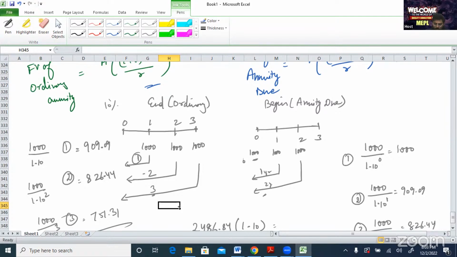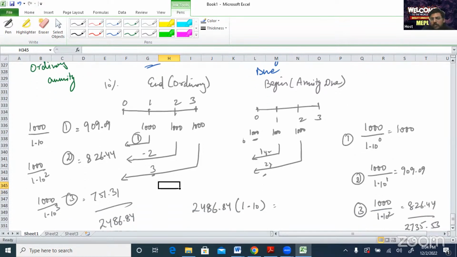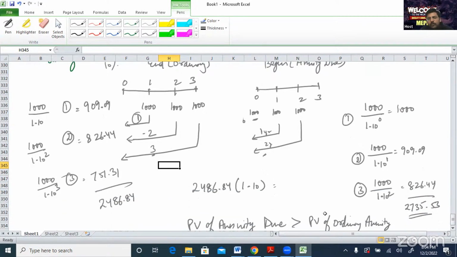So I will multiply 1.10. So that is 2735.53. So the same number we are getting. So in this manner, I can calculate my present value of ordinary annuity, present value of annuity due, future value of ordinary annuity, future value of annuity due.